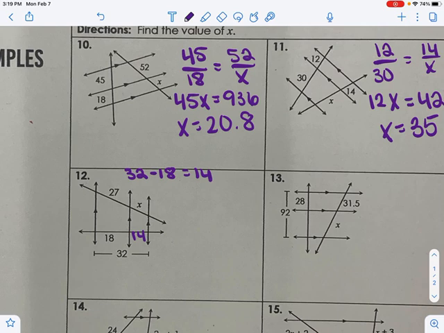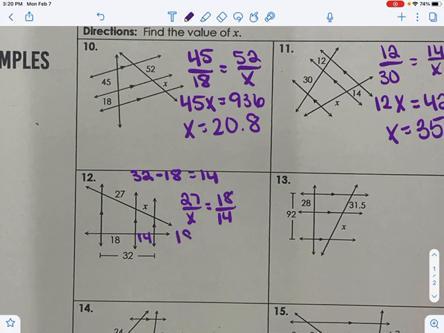So I can do 27 over x equals 18 over 14. Or you can have done x over 27 equals 14 over 18. It does not matter. Cross multiply, 18x equals 378. So x will equal 21 when you divide.